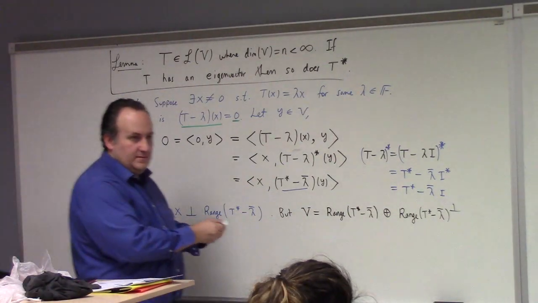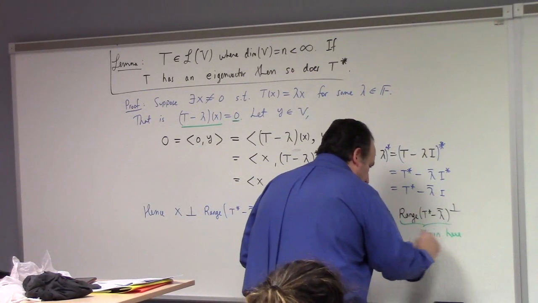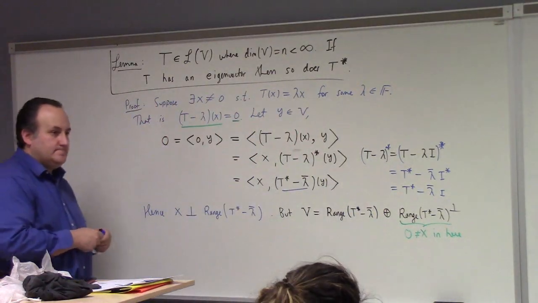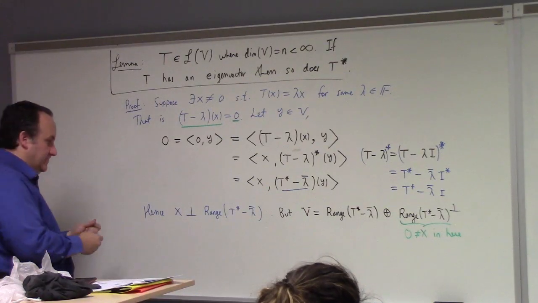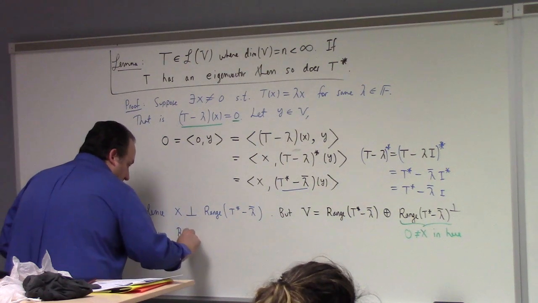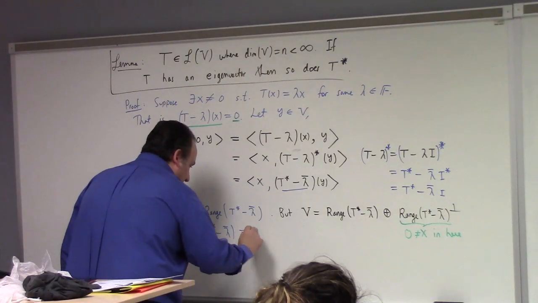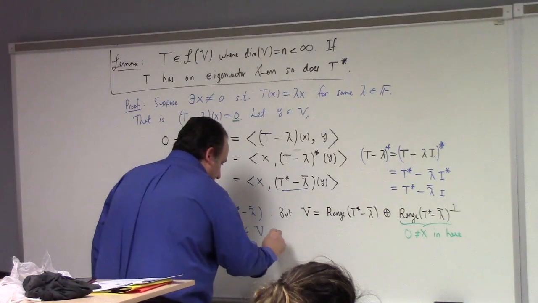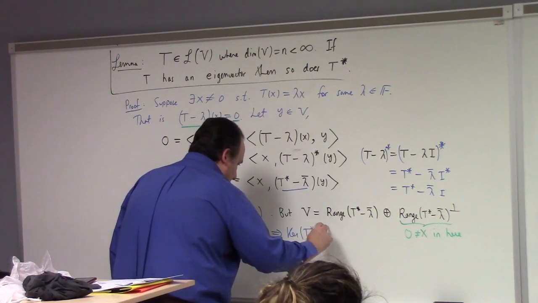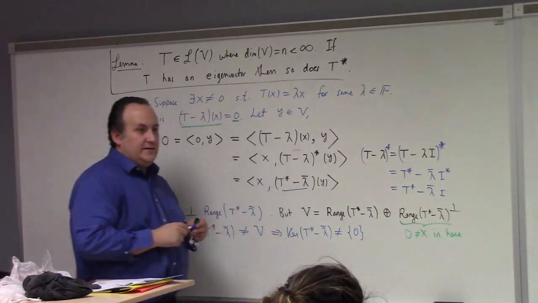And I've just shown you that x is in here, and 0 is not equal to x, right? Thus, the range of T star minus lambda bar is not equal to the vector space, which then implies that the kernel of T star minus lambda bar is not equal to the 0 subspace by the rank nullity theorem.